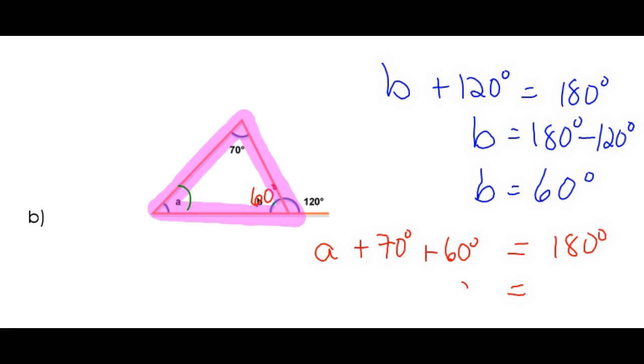So really what I'm doing is saying 180, and I'm going to subtract the other two angles. And that leaves me with 50 degrees, and so I've solved this geometry problem.